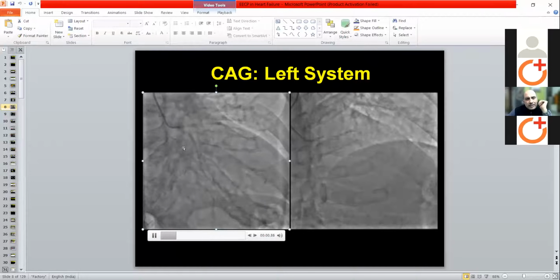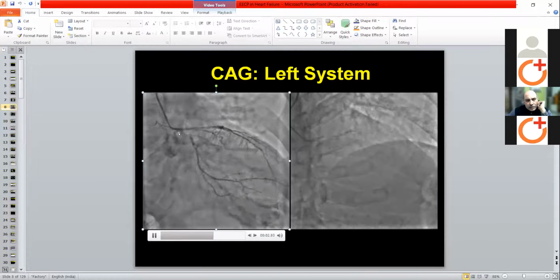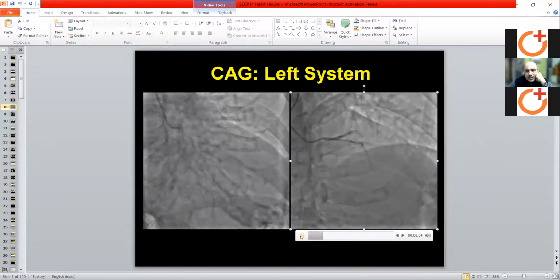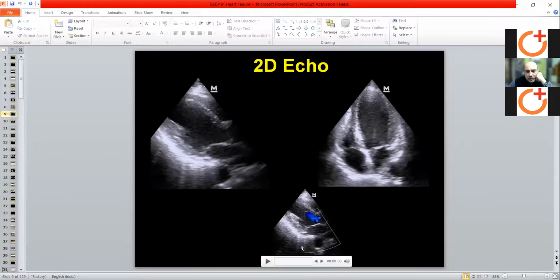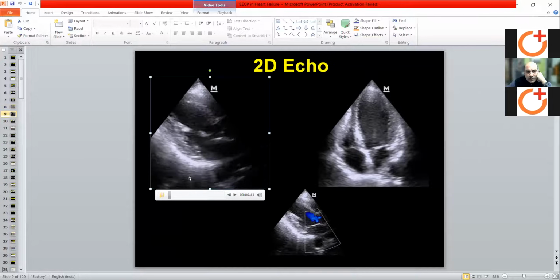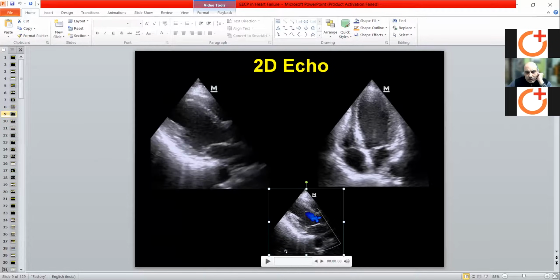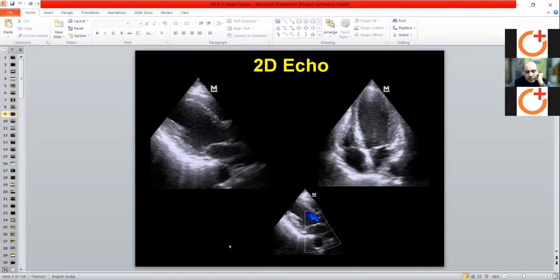You can see the circumflex and the LAD, multiple blockages were seen here. The echocardiogram also showed very poor ventricular function. All the anterior wall was akinetic, with an ejection fraction of hardly 25%. There was also a certain degree of mitral regurgitation, which was adding to the problems of the patient.